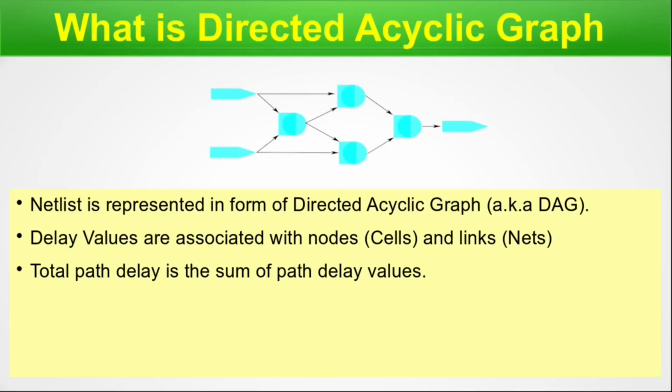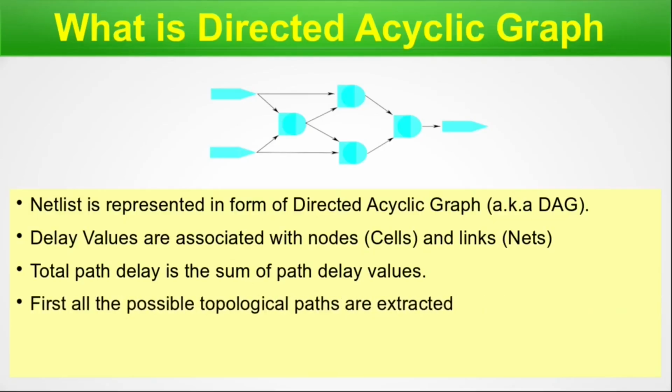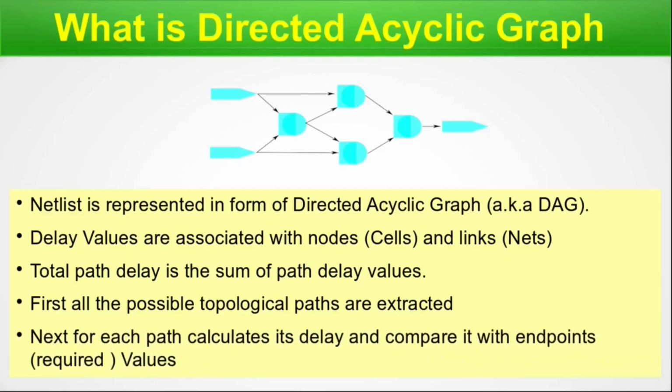We'll see in an example. First, all the possible topological paths are extracted. Next, for each path, we calculate its delay and compare it with the endpoint values, that is the required values. So this is how our comparing is done. So we are done with this slide. Let's move on to the next slide.